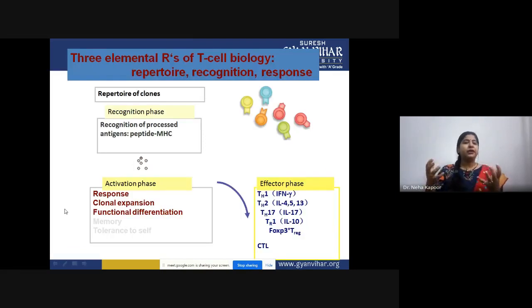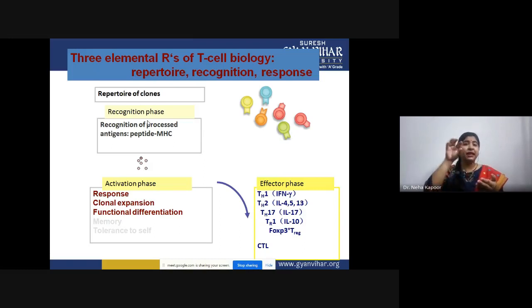But whenever we are discussing T cell biology, how the T lymphocytes mediate the immune regulation, there are three R's of our system, that is repertoire, recognition, and response. First is repertoire of clones. In that case, what kind of clones would be synthesized? Then is the recognition phase. Recognition phase means recognition of processed antigens that are being presented with the help of MHC molecule.